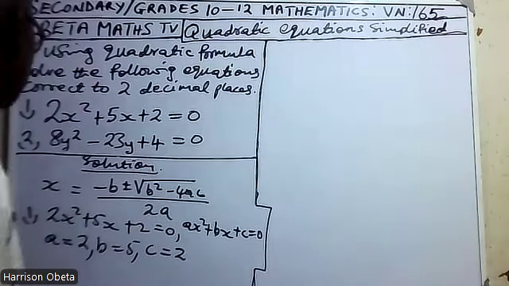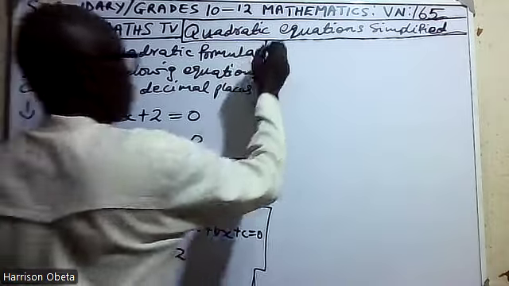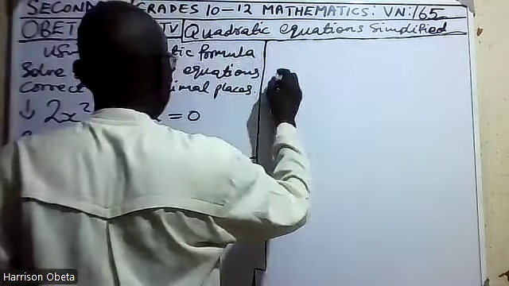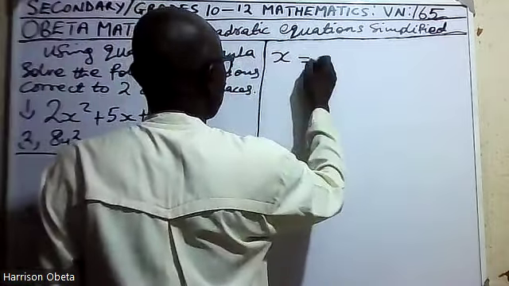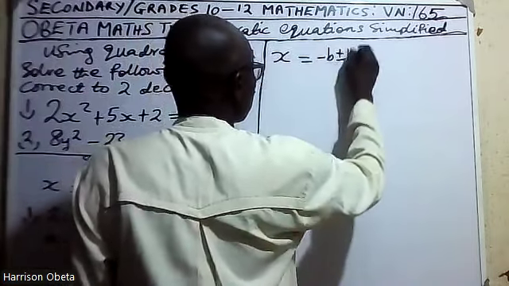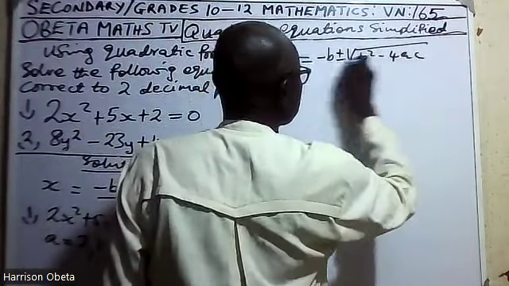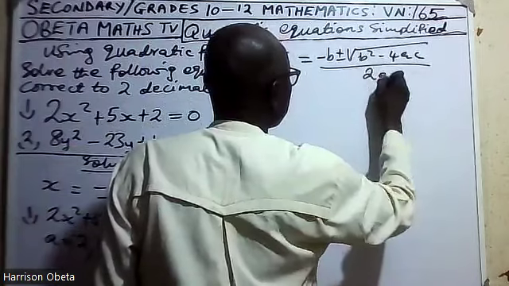So in this equation, anywhere we see a, we put 2, b is 5, c is 2. So coming up here, we have x equal to, we said it's minus b plus or minus square root of b squared minus 4ac all over 2a.